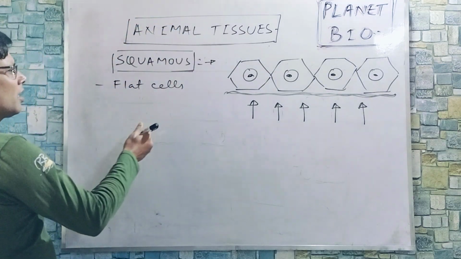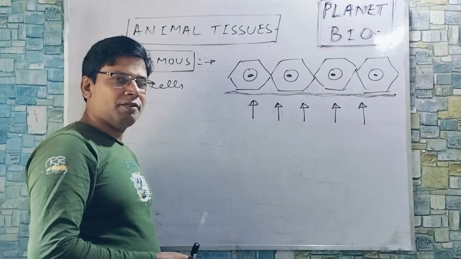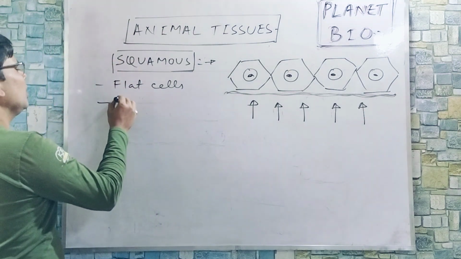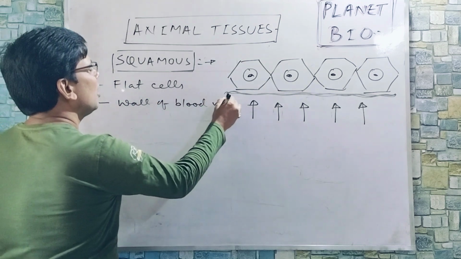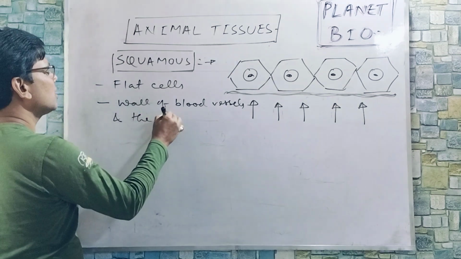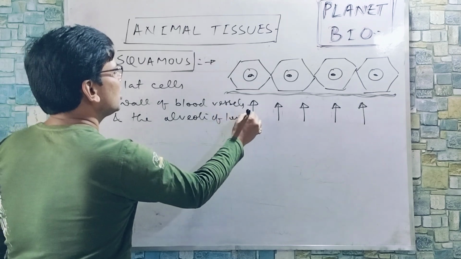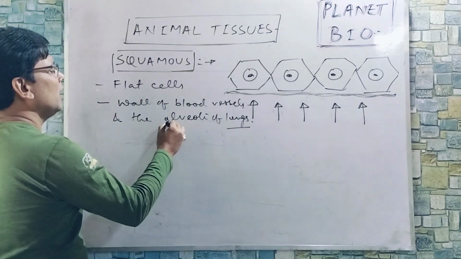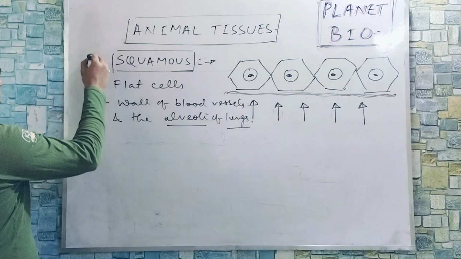So, flat cells are there, and you can see found in the wall of blood vessels and alveoli of lungs. Lungs are the respiratory organs and the units are alveoli. Okay, so this is the first type.